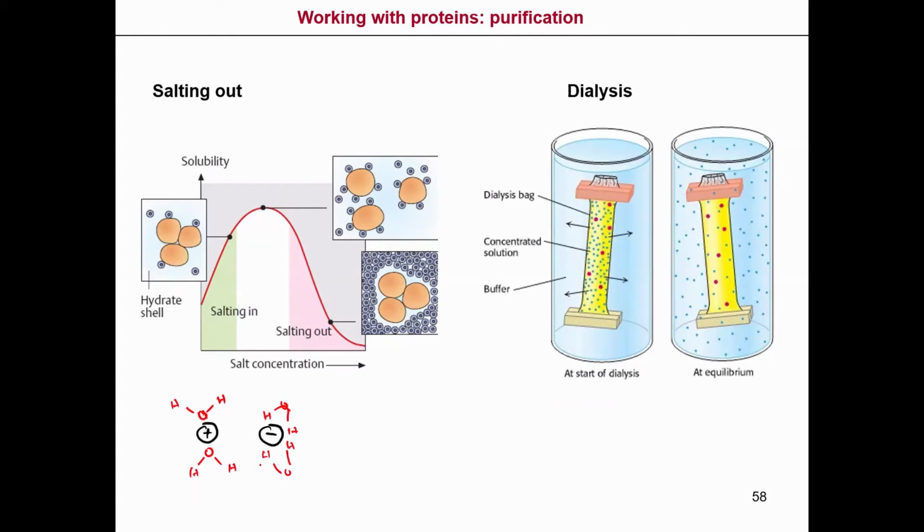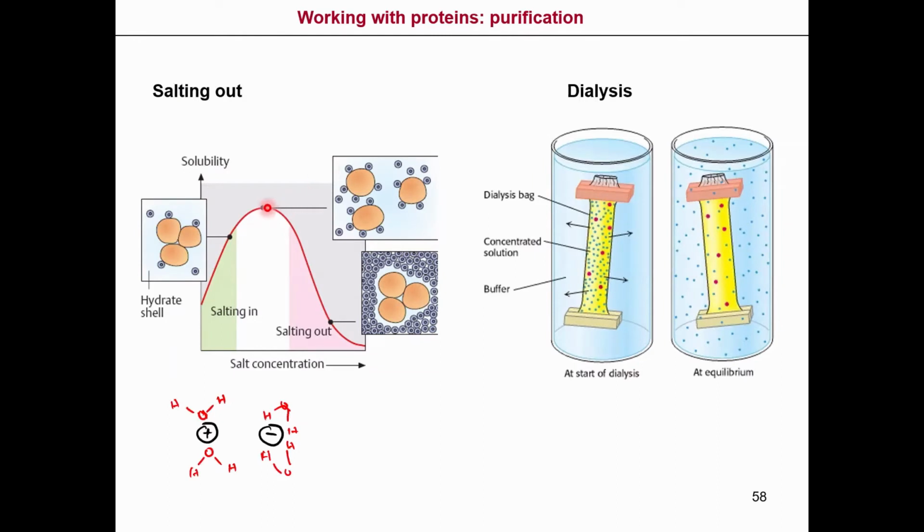Okay, so when you increase the salt concentration, because you have polar groups, this ion will go to the hydrophilic surface of your proteins and help the water molecules to surround the proteins. So you will have in the first beginning of this curve the hydrate shell. It's called the salting in.